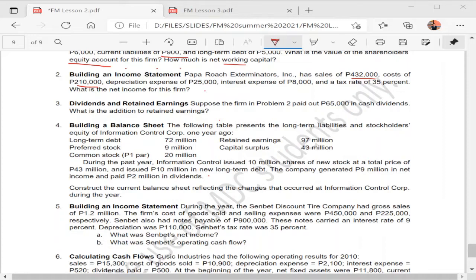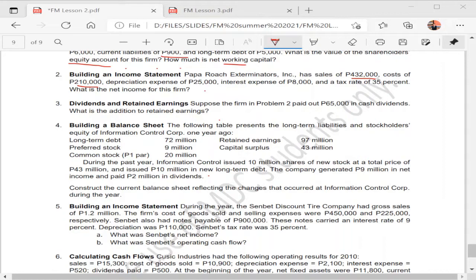Dividends is journalized as debit to retained earnings and credit either cash if it's already paid upon declaration, or if it's not yet paid upon declaration, then you credit dividends payable. And if it's paid later on, you close the dividends payable and you credit cash.